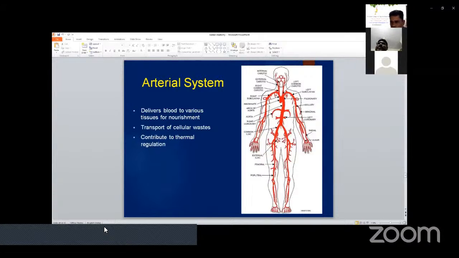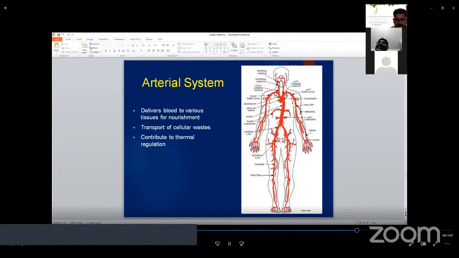Next, we are going to learn about blood pressure. Blood pressure is nothing but the force of blood exerted against the vessel wall. For example, you connect a hose to a tap and open the tap.